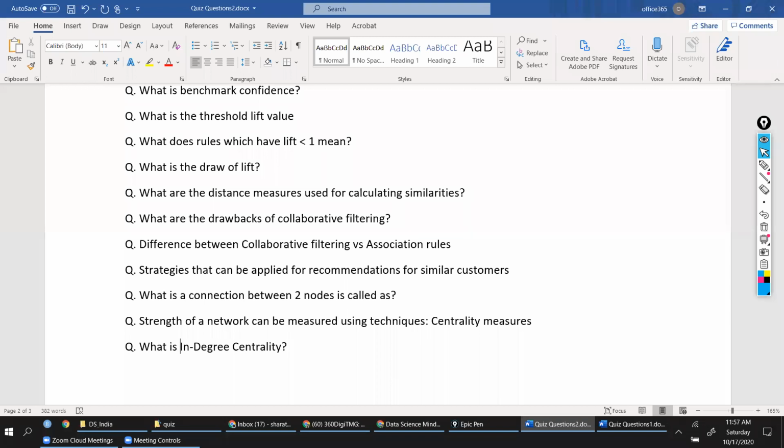Okay. Sai Krishna is correct. Lokesh is correct. Anuj, very good. So in degree means the number of connections that are coming inwards. Right? That's called in degree centrality.